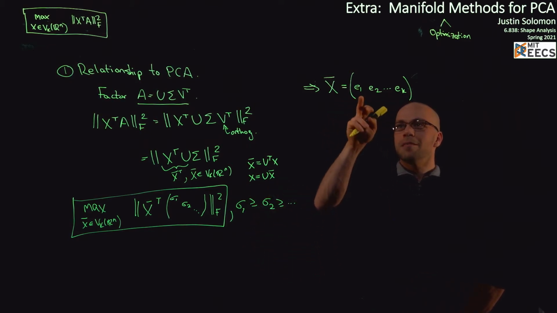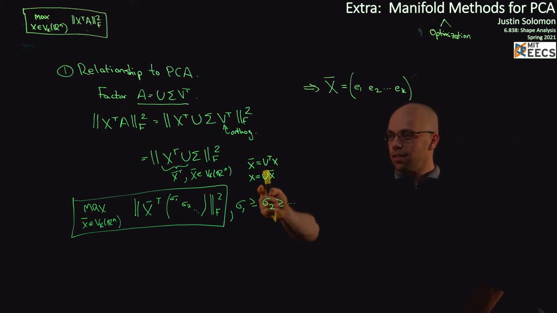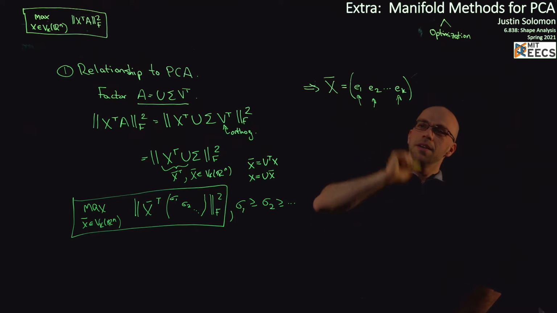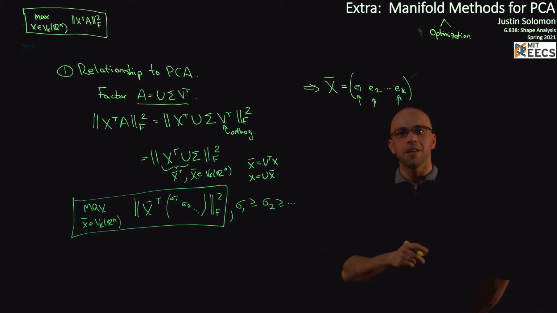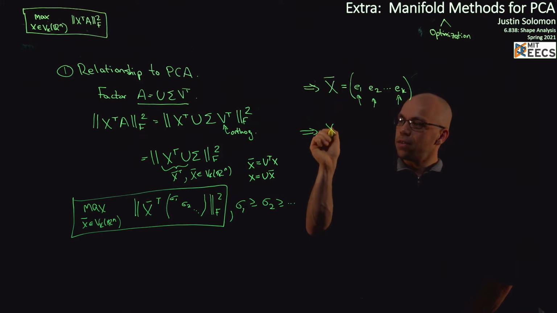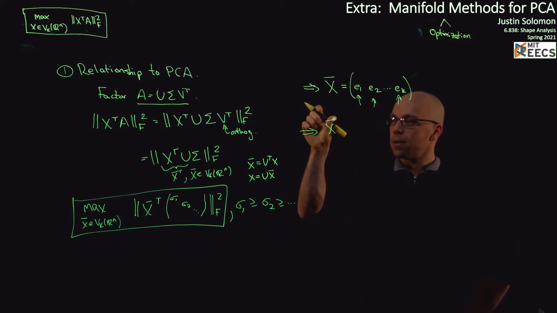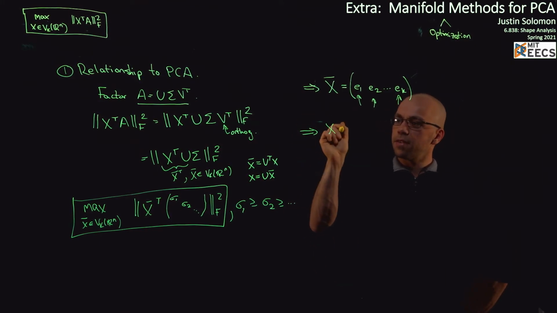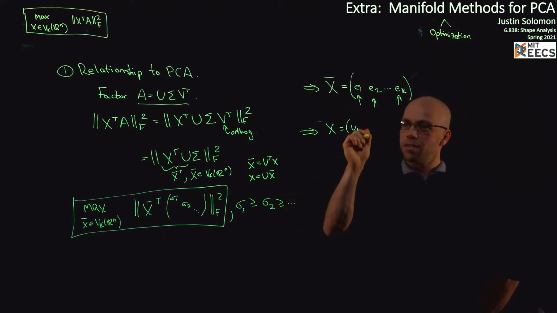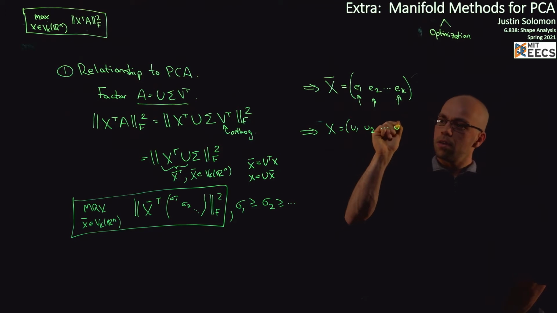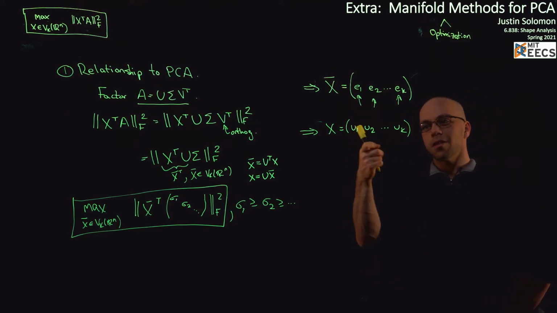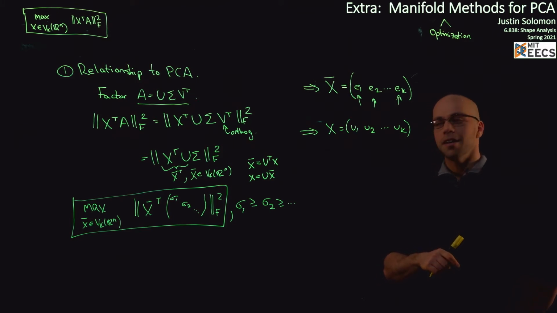What does that mean? Essentially, we're taking U and multiplying it by a matrix that is just picking out the first k columns. So we can think of x, without the bar now, as just the principal component directions u_1, u_2, through u_k, which are just the columns of U that correspond to the top k singular values of our matrix.